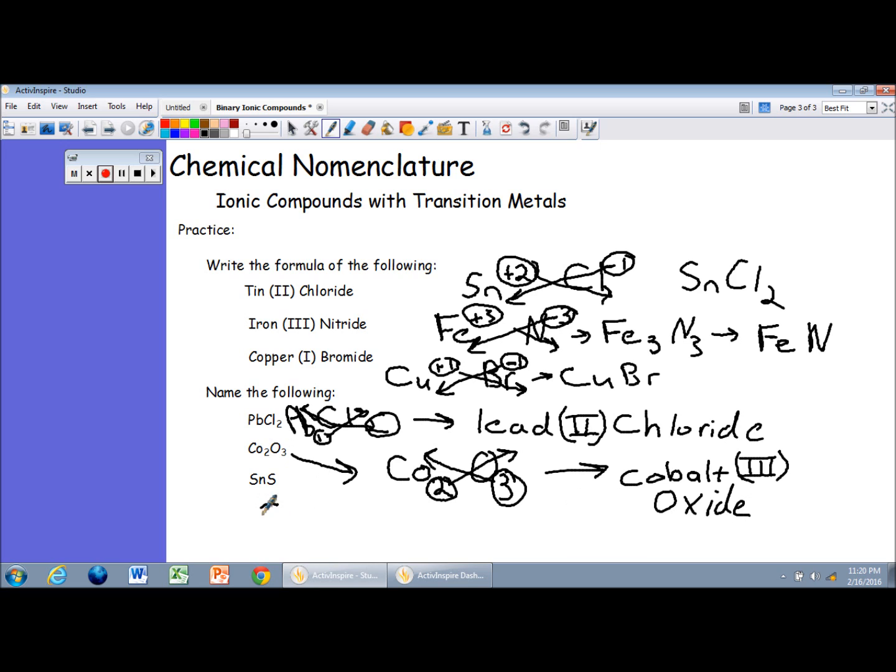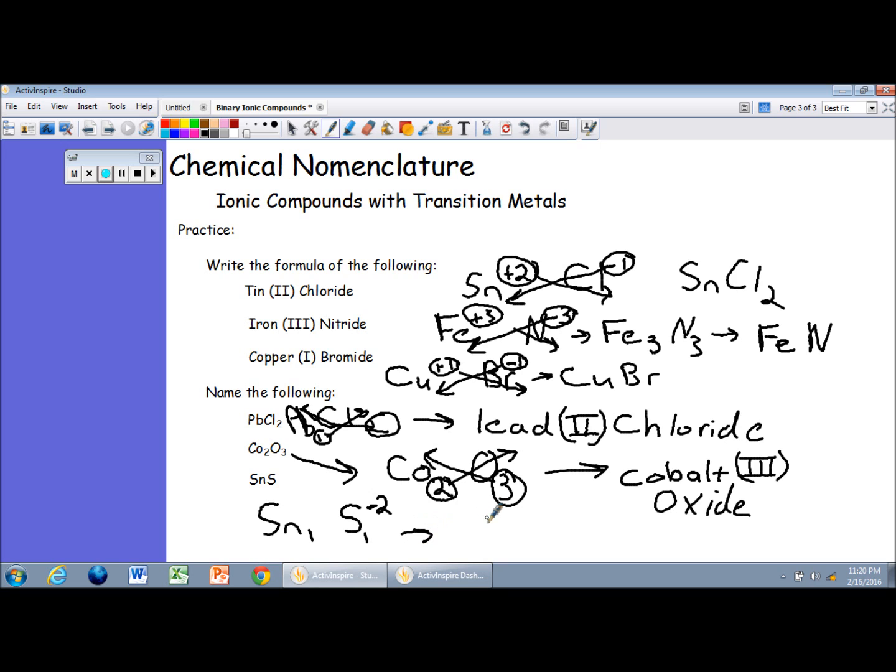So Sn and S. We can assume both these are 1, but remember, since S is a group 16 nonmetal, it will always have a -2 charge. Well, since the 1 and the -2 don't match, we are going to have to double all the subscripts.